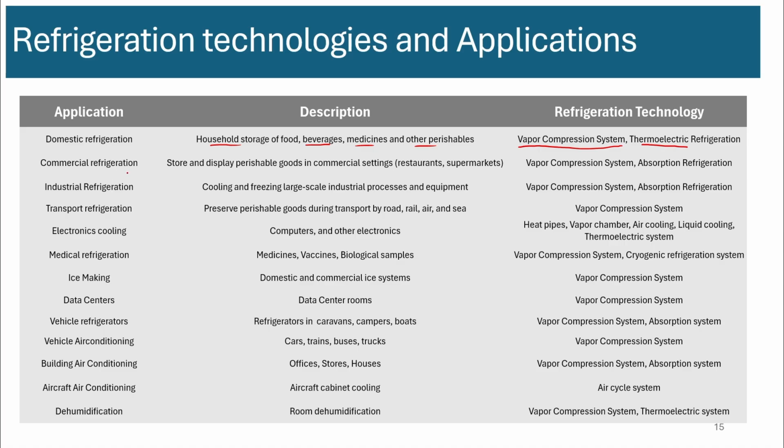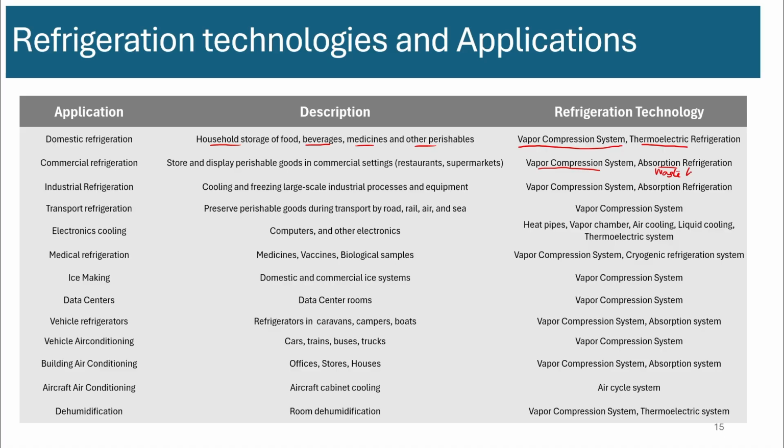In terms of commercial refrigeration, the refrigeration that you see in stores and display cases used to display perishable goods in restaurants, supermarkets, etc. Again, the primary method is vapor compression. Some of them also use absorption refrigeration, especially if there is some waste heat available.